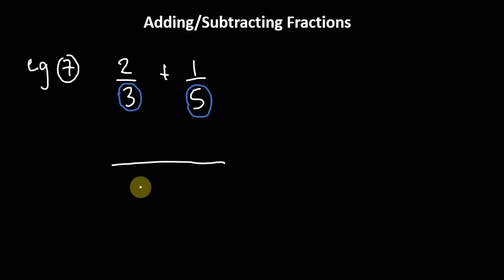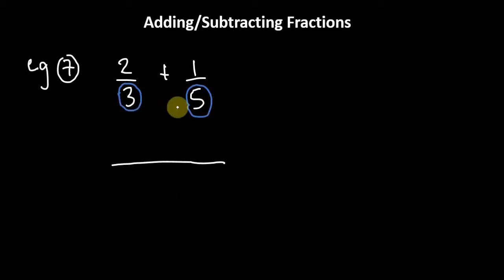However, though they refer to it as the LCM method, any multiple can actually work. But it helps to use the lowest common multiple because it makes life a whole lot easier, and sometimes it saves you the trouble of having to reduce the final answer.